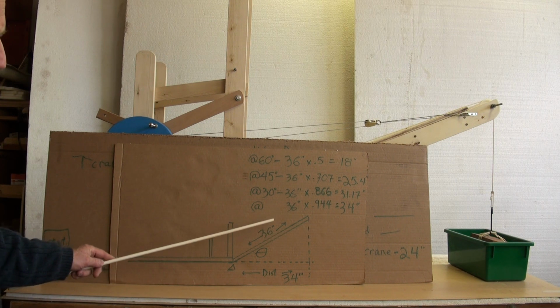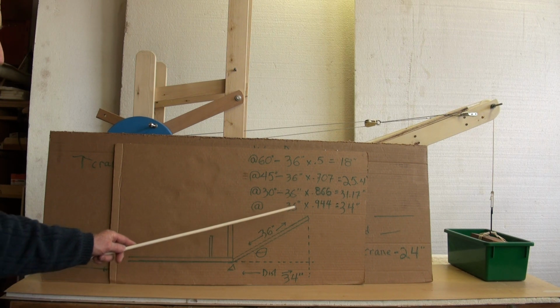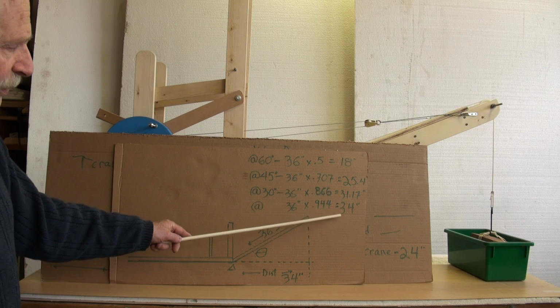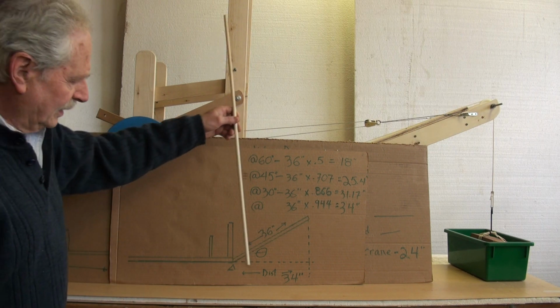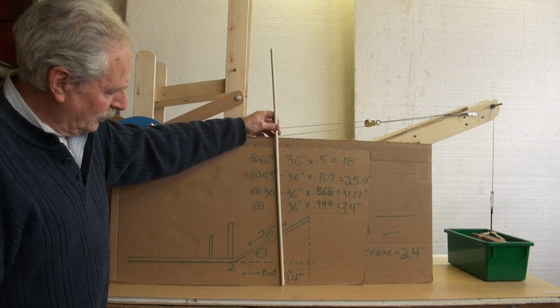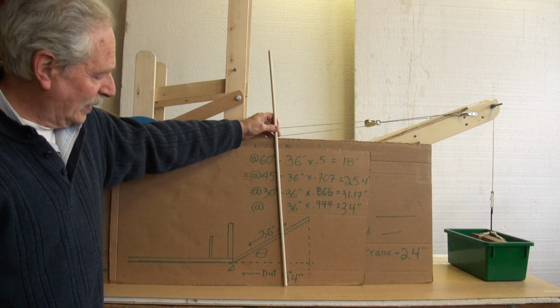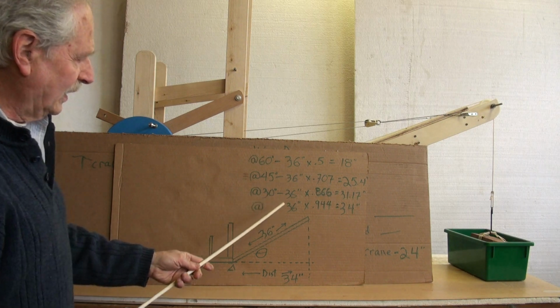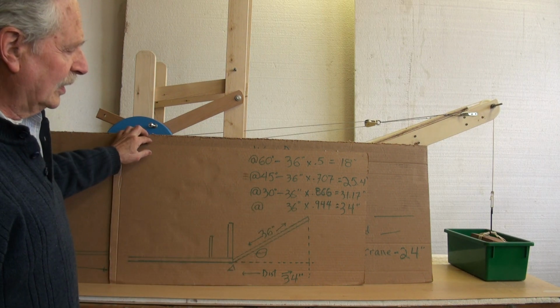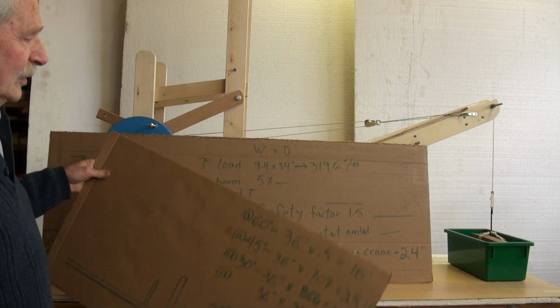So we took 36 times 0.944, and we got 34 inches. Now, the CG of the boom is about there, so this distance, instead of 36 inches, is 20 inches. So 20 times 0.944 is going to give you 18.8. So that's the distance.